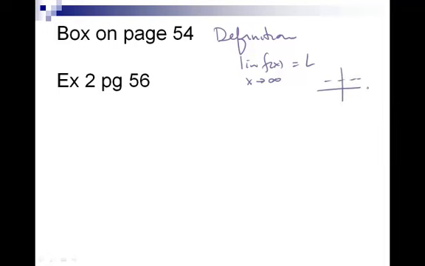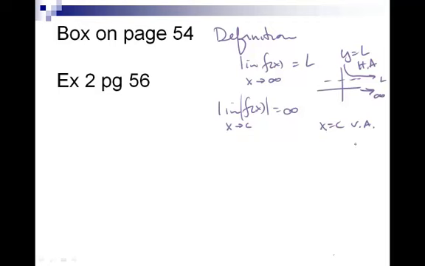That was the example where we were coming out here towards infinity and our graph approached some horizontal asymptote L. The converse is that if the limit of the absolute value of f of x as x approaches c is infinity, and we're saying absolute value here because we don't want to write two positives or negatives, then x equals c is a vertical asymptote. Here, y equals L is your horizontal asymptote, and x equals c is your vertical asymptote.